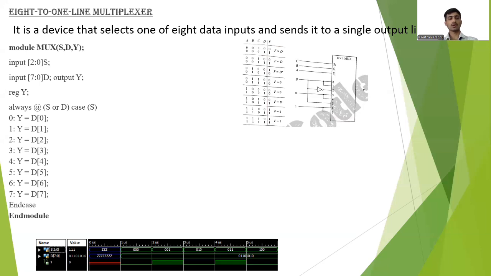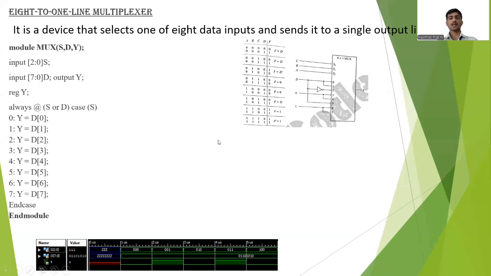Finally, with 6, y takes data 6, and at last 7, y takes data 7. The case finishes here and the module gets closed.